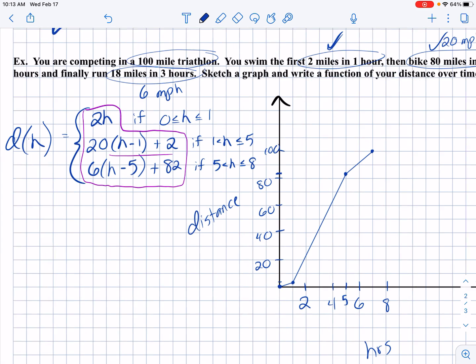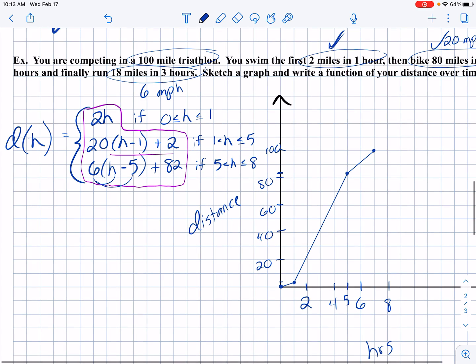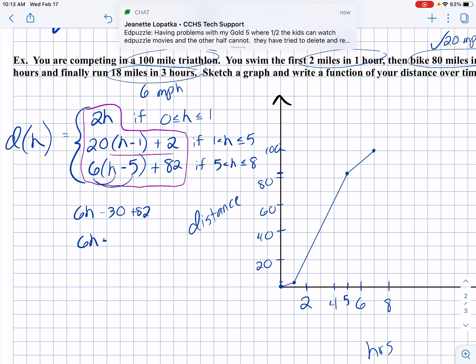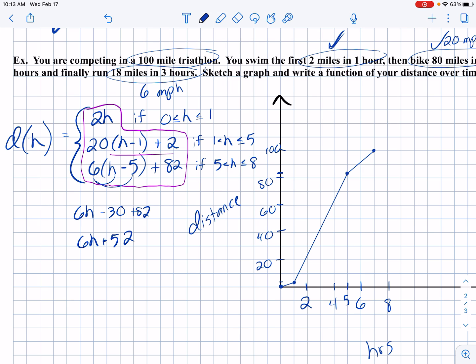Okay. If you multiply this out, 6h minus 5 plus 82, you can see you have 6h plus 52, and that's kind of where you're crossing. If you extend this line, you're kind of crossing over here at 52. I know I'm not exact. That's okay.